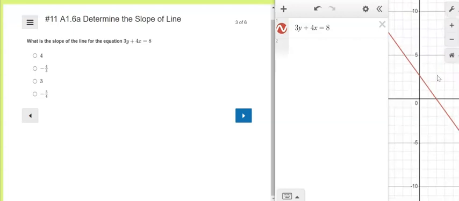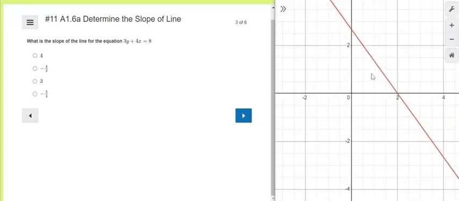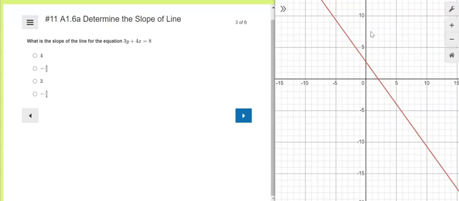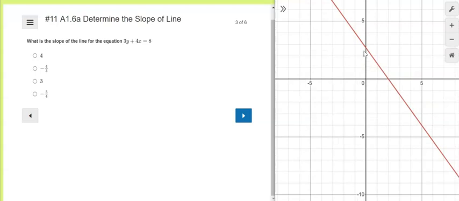Then we count. I cannot use this point because it's a decimal, so I need to pick another point, maybe that point right there. So that's down 1, 2, 3, 4, and then over 1, 2, 3, so -4 over 3, that one.